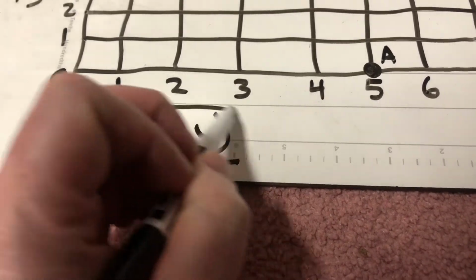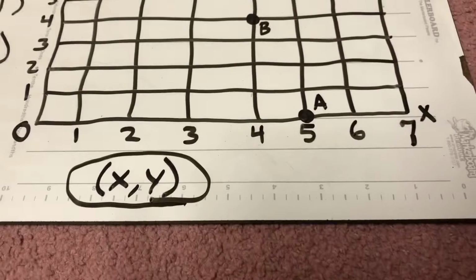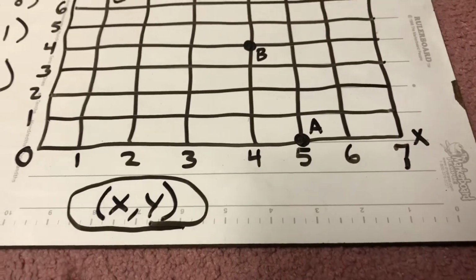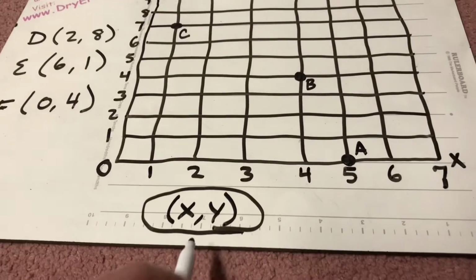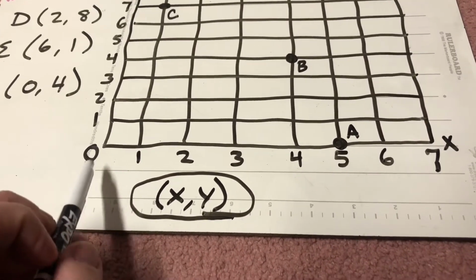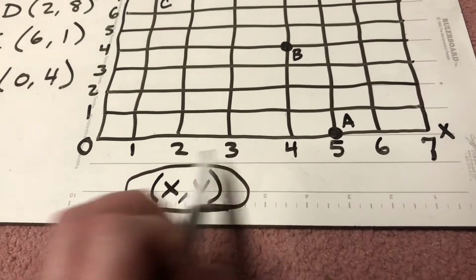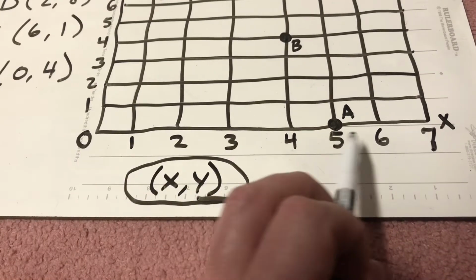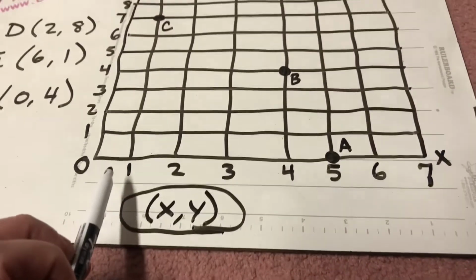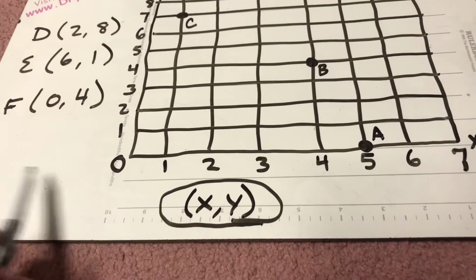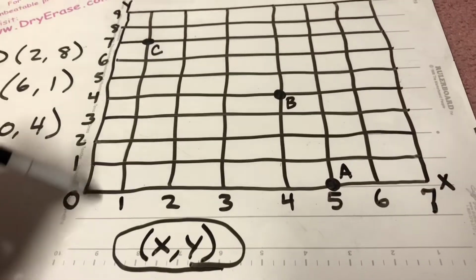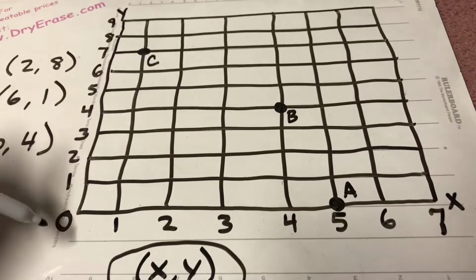Ordered pairs are written as x, y. Now, what does that mean? When we talk about x, y, what does that mean? Well, we have an x-axis, which is even with the 0, that runs left to right. As you move on, this x-axis will continue left and you will go with negative numbers. We also have a y-axis that runs vertically up and down.